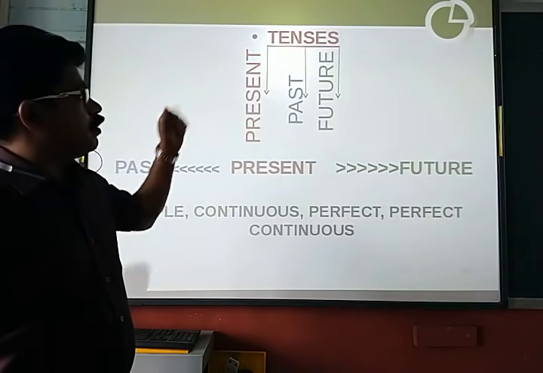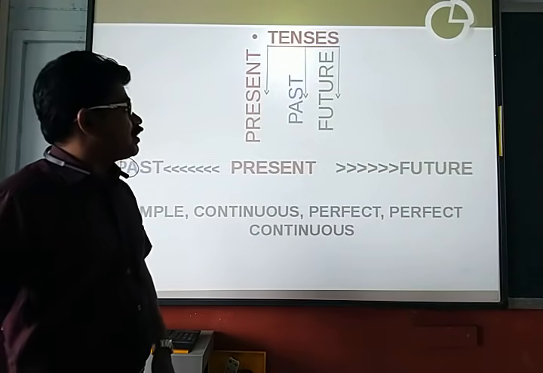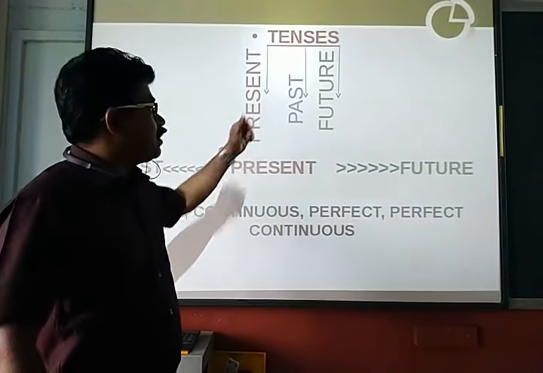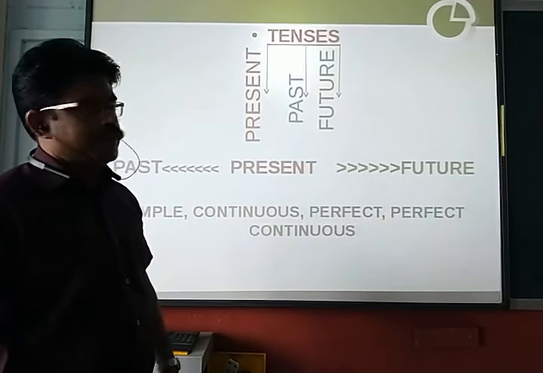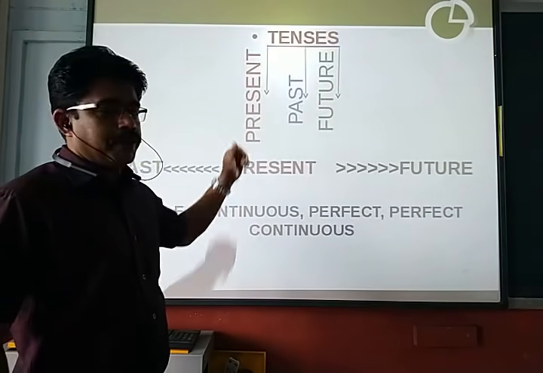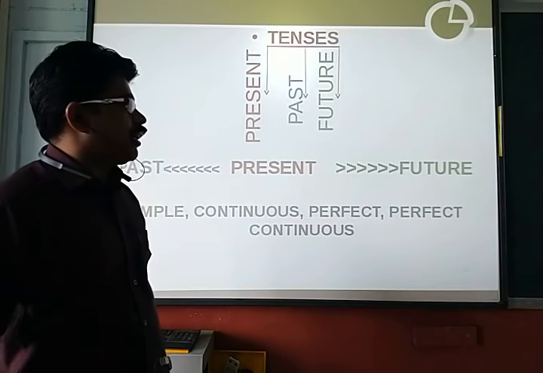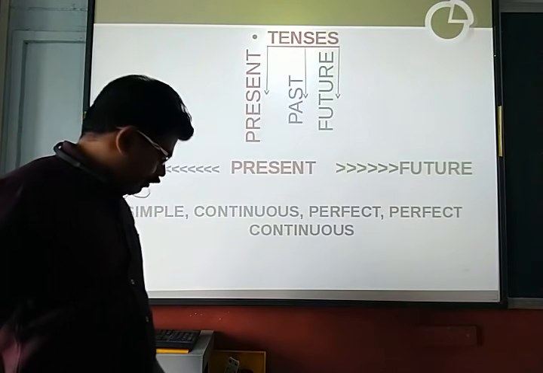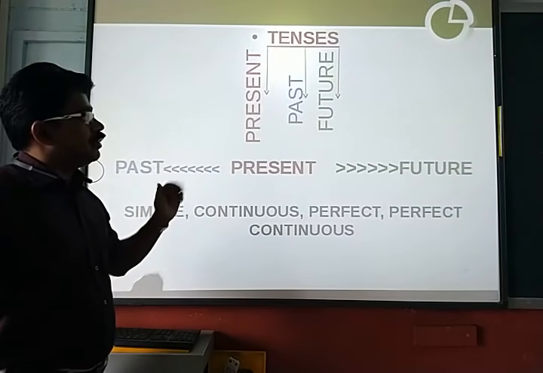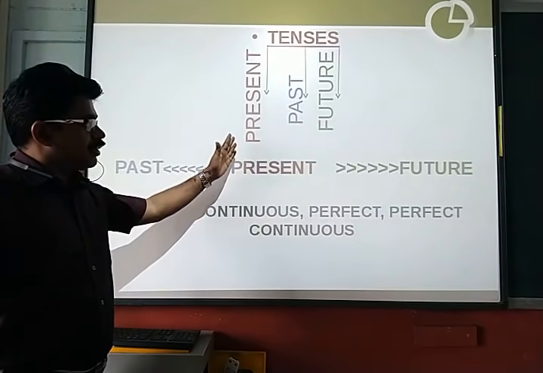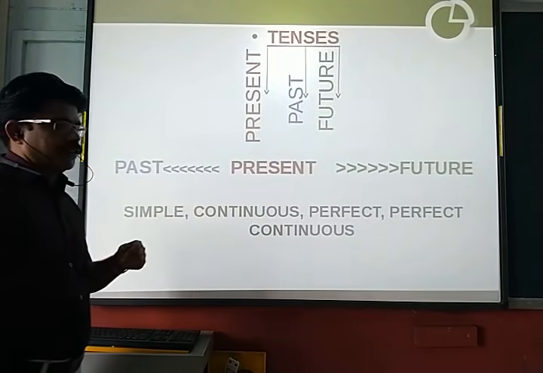Now let us see, first of all, the tenses and divisions given: present, past, future. These are basically the three different types of tenses that we have learned so far. Whenever we speak about tenses, first of all it comes to our mind: present tense, past tense and future tense.